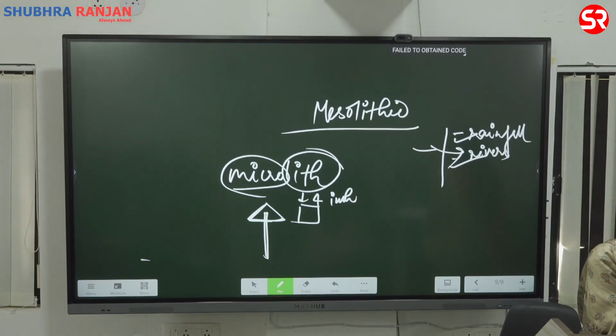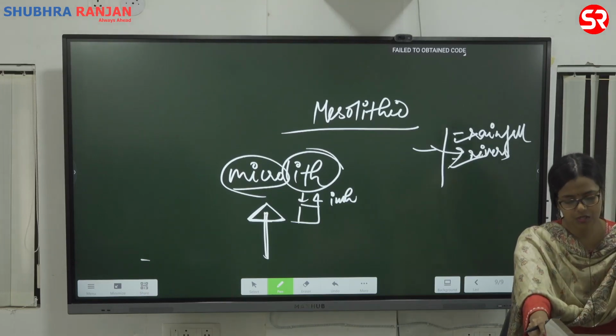Microliths bracket close, which were of 4 inches, having geometrical patterns like triangle or square, were being used as arrows, fish hooks, harpoons, etc.